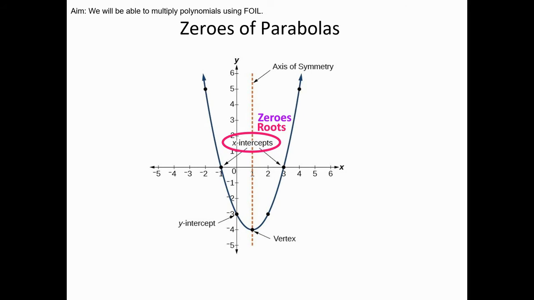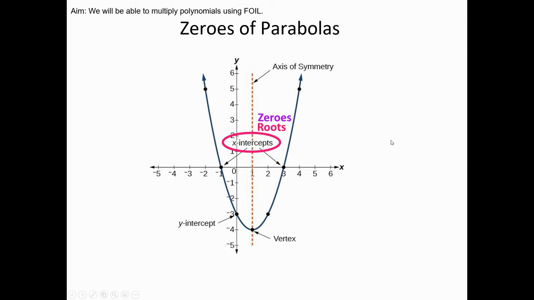And even more sometimes they're called solutions. Now, there's actually a lot of different ways that we could find these points right here, these roots or these zeros or these solutions. And we're going to actually be focusing on the different ways we could figure out what exactly are the x values where the parabola hits the x-axis.